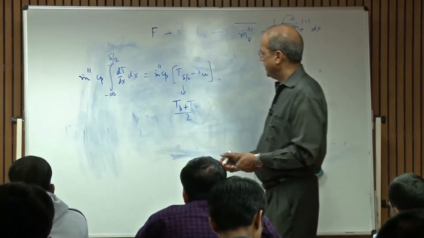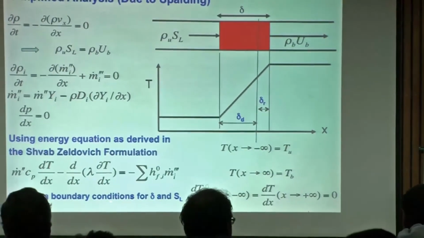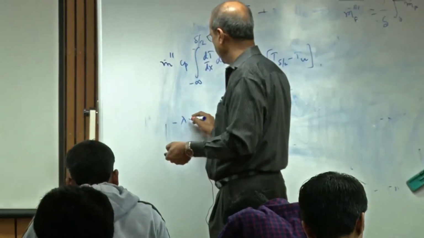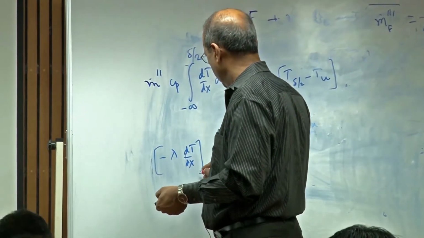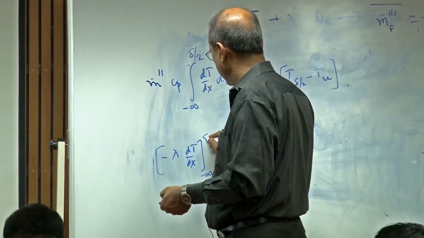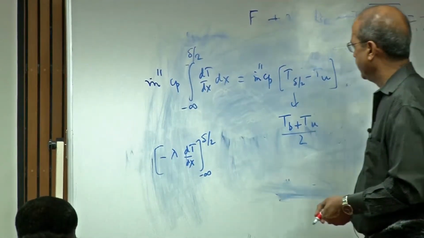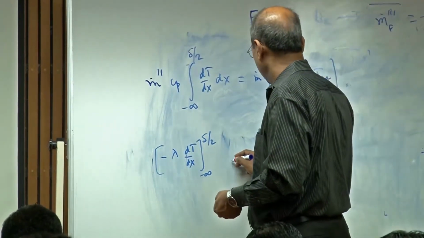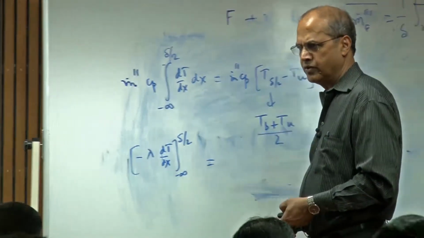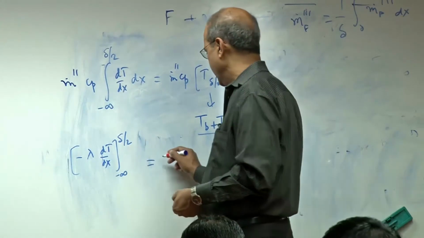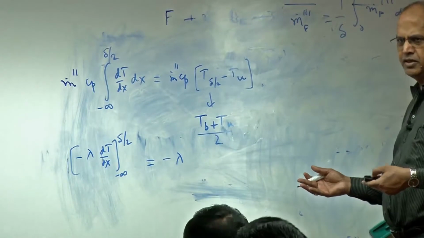And then the next term, if you integrate, it will give us minus lambda dT/dx from minus infinity to delta over 2. At minus infinity again it is 0, but at delta over 2, lambda is a constant.